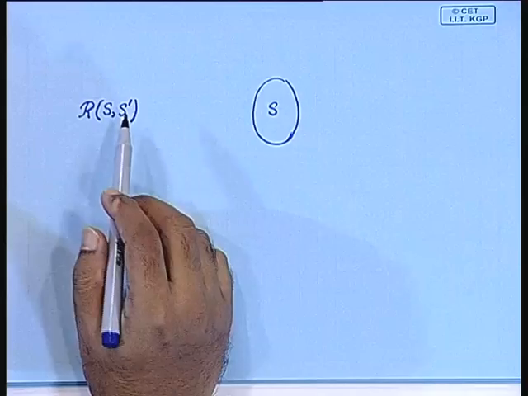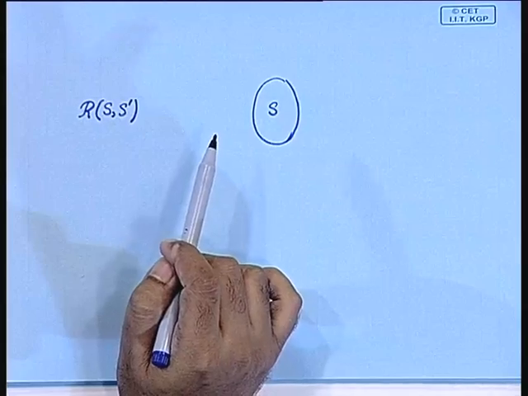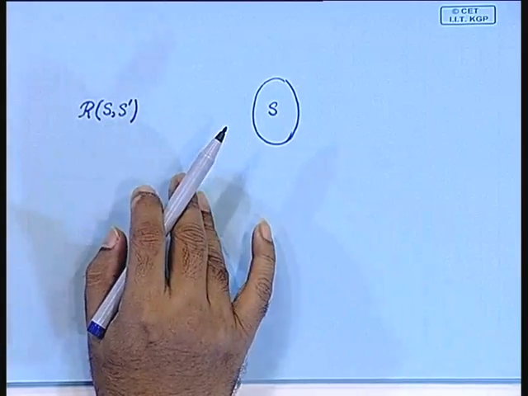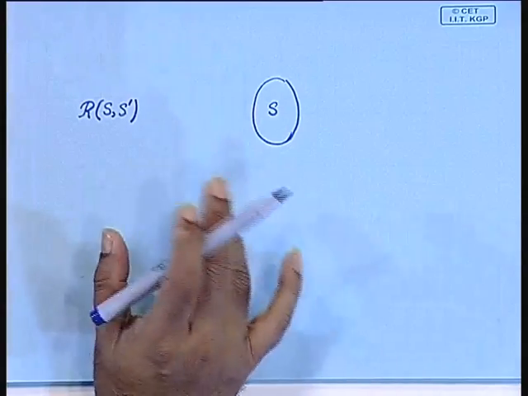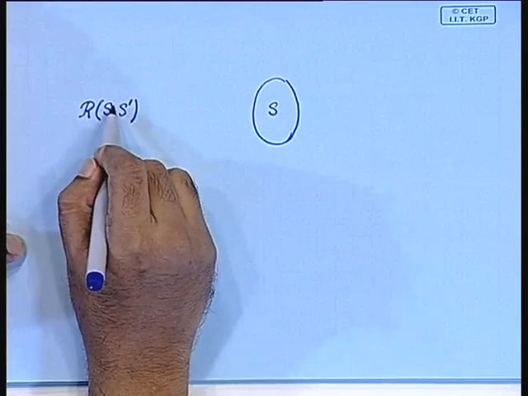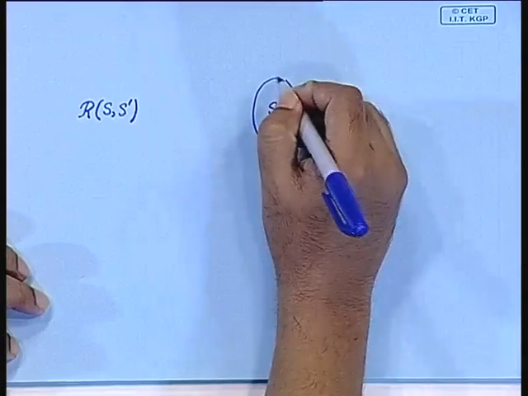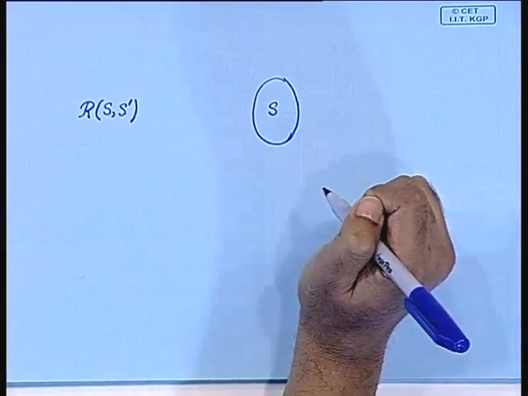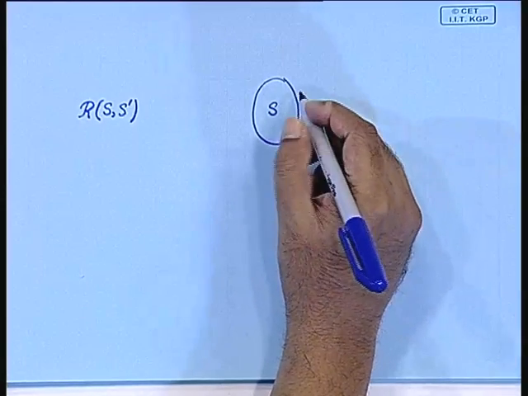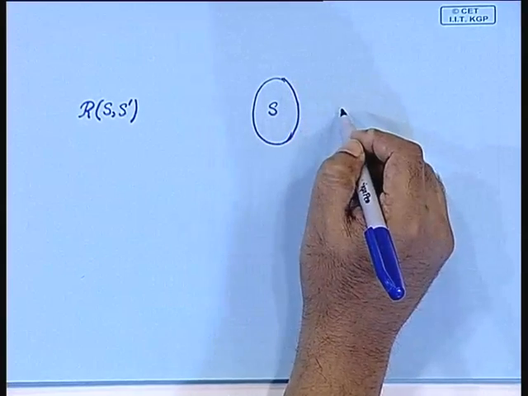Now, remember that we saw that if you have a design which has both inputs and outputs, then we can transform it to a non-deterministic transition system where you only have state bits, right. I mean, the input bits are also treated as state bits, remember, and then the relation becomes non-deterministic. So, assume that this is such a relation, that we have only S and S', S is the present state, S' is the next state. Now, given a set of states S, how can we find out the set of states which is the set of next states of these states, right.